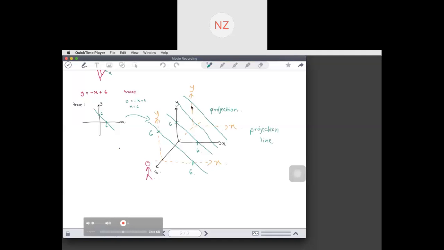A line passing through the Z, because you are sitting at the Z here, so the projection line should be parallel to the Z axis, which means this line and also this line. So you can see the plane, right? That is your plane. Understand?